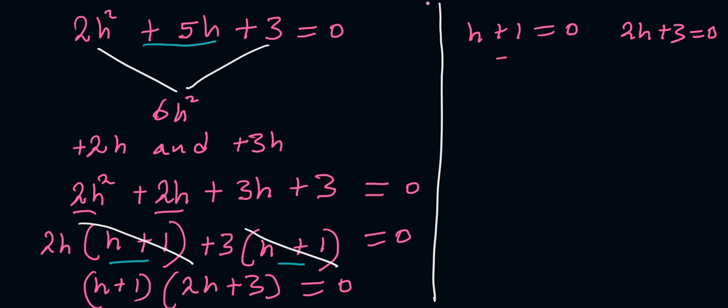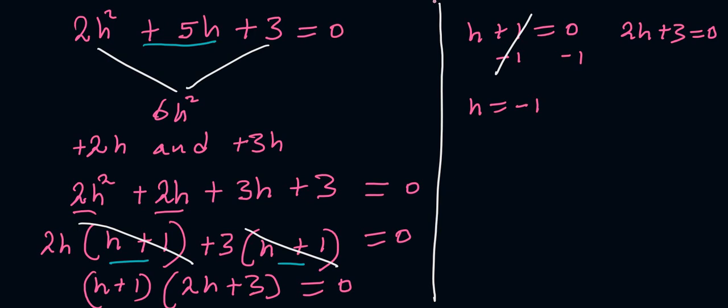So if we subtract 1 from both sides, plus 1 minus 1 will cancel out, and we have just h on the left side, equal to 0 minus 1, which is going to give us -1. Also, we are going to isolate h in the second part by subtracting 3 from both sides.